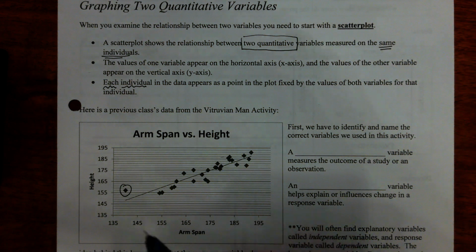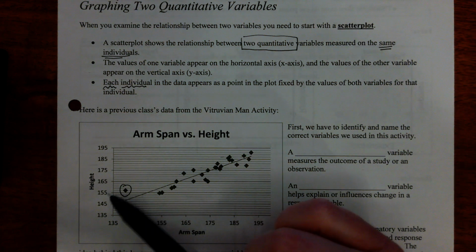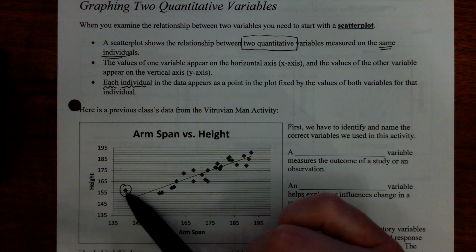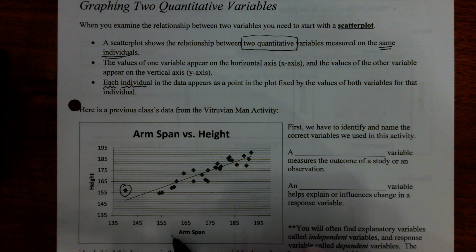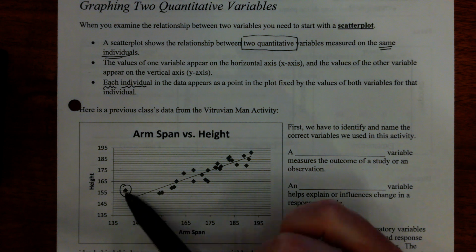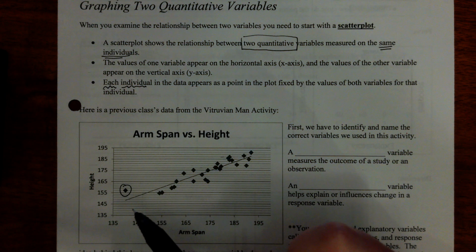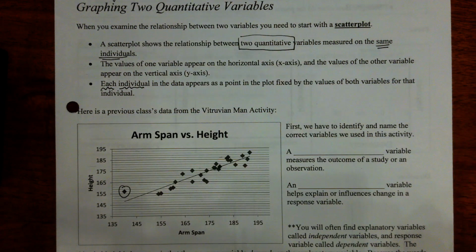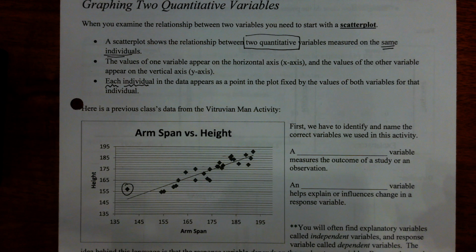Actually, I said inches, but remember we measured this in centimeters. And we're also looking at our arm span. That same person's arm span was 139 centimeters. So that describes one singular person's height and arm span.